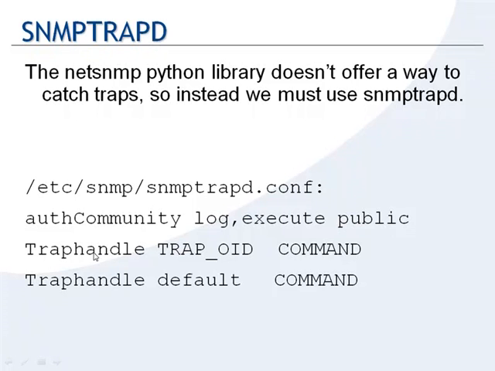You specify traphandle, then you can put in the trap OID if you want, and the command to execute whenever snmptrapd sees a trap sent with an OID that you specified there, or you can just set a default command that will handle every single trap that comes in. So, this last line will do just that. You say traphandle default, and then the path to the command that you want to execute.